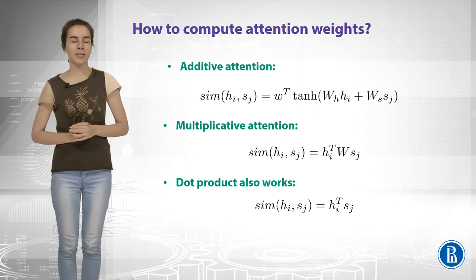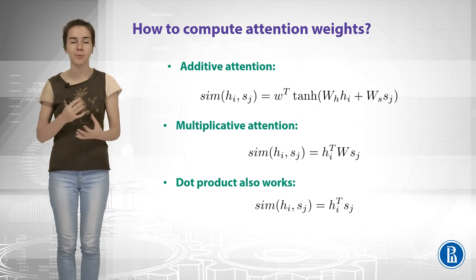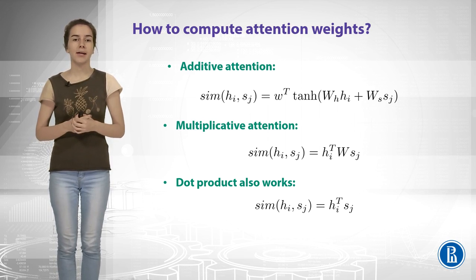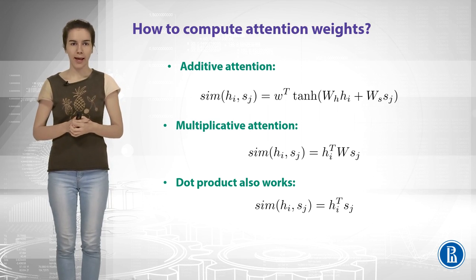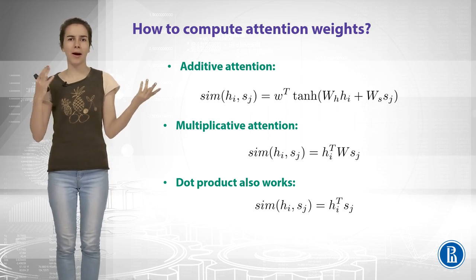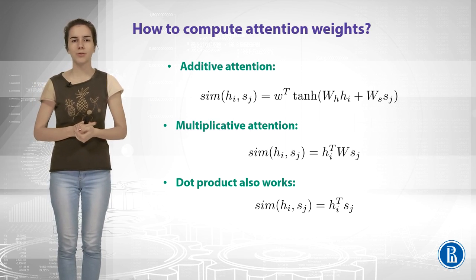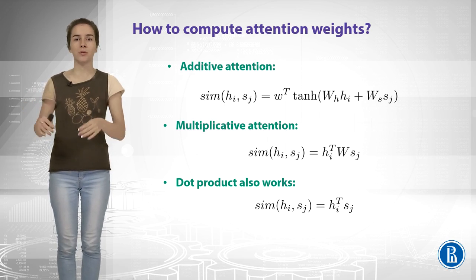Another way is to say maybe we need some weights there, some matrices that we need to learn, and it can help us to capture the similarity better. This thing is called multiplicative attention. And maybe we just do not want to care at all with our mind how to compute it. We just want to say, well, neural network is something intelligent, please do it for us.